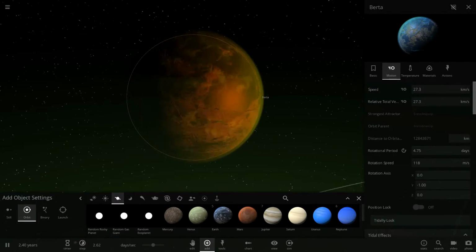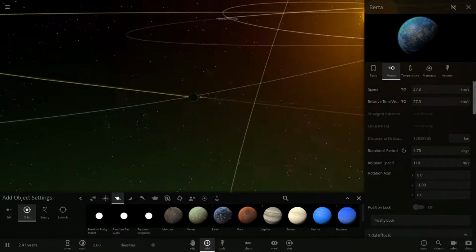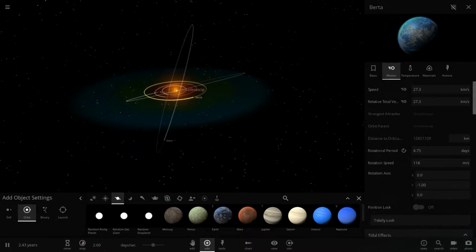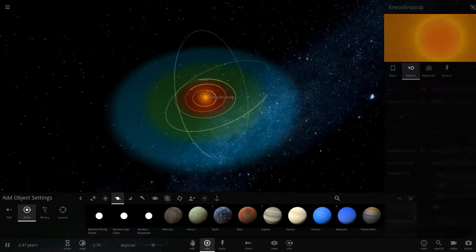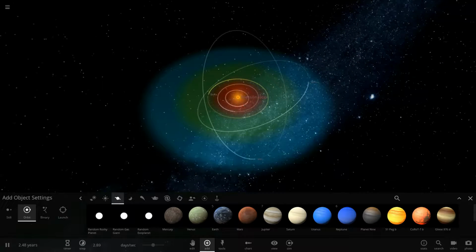I'm not going to make the planets tidally locked in the system, but the chances of the planets being tidally locked around an L-class brown dwarf are high, because they are so close to the brown dwarf.